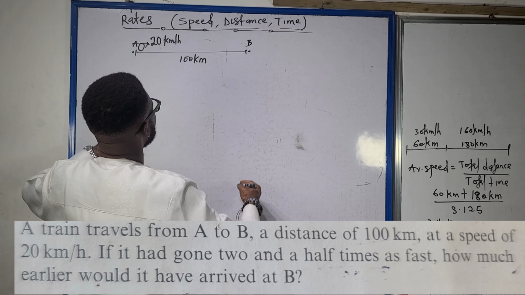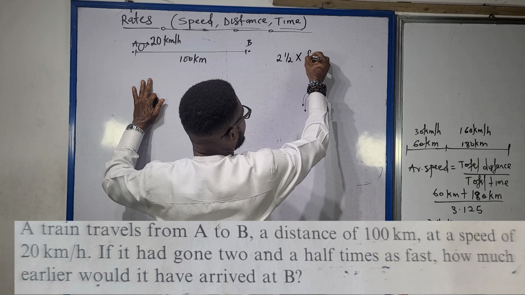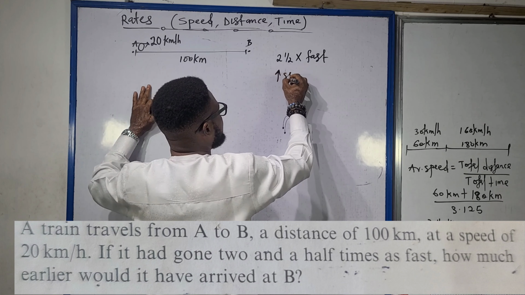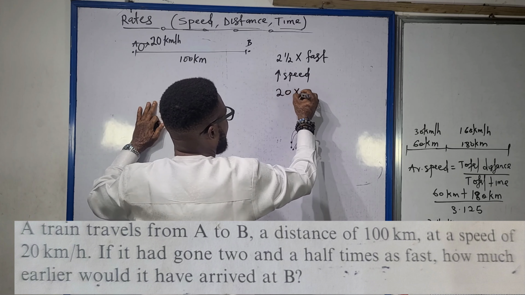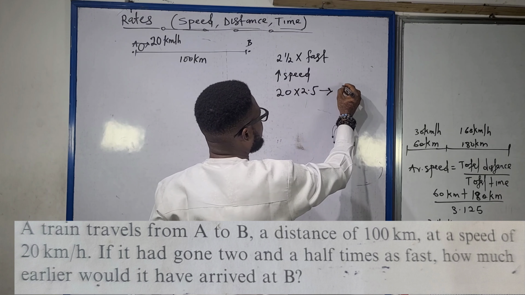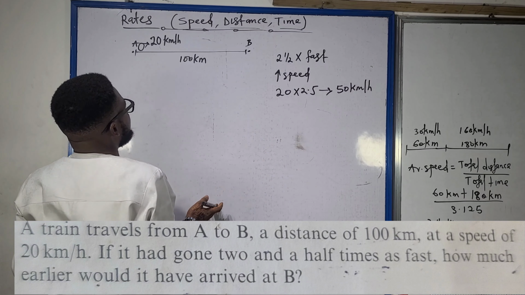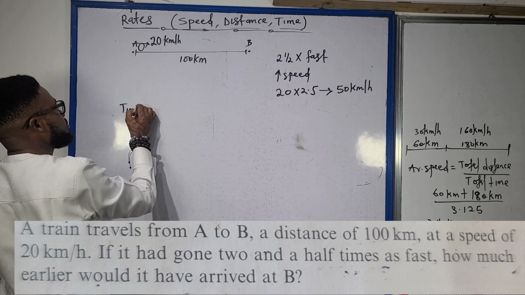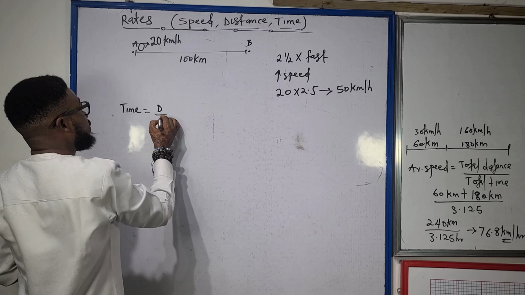So when you say 2.5 times faster, it means you want to increase the speed, and in this case 2.5 times faster means 20 times 2.5. So it means you want the speed to be 50 kilometers per hour. That's what the question states. So if I'm looking at this, the timing here, when it was moving at 20 kilometers per hour, time is distance over speed.